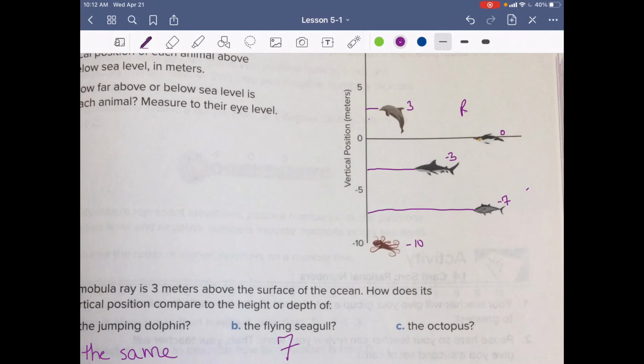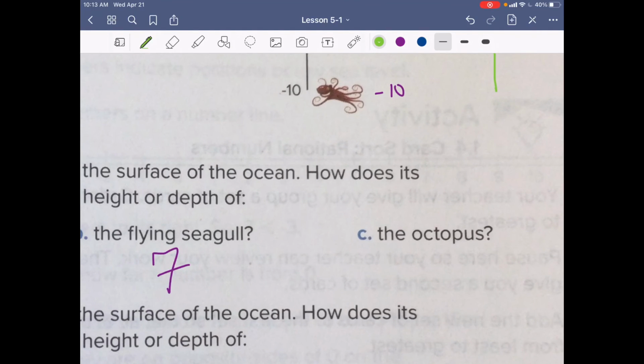So our ray is up here, and it wants us to go all the way down to the octopus. So we have our 3, and we go down to -10. In this case, we would add these two numbers together because we want to know the total distance between them. So we have 3 plus 10, which would give us 13.